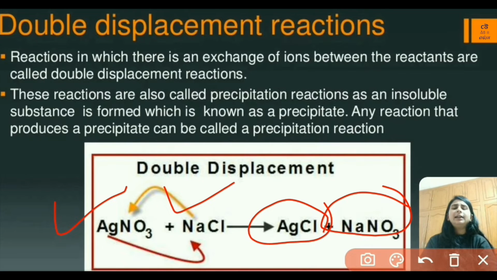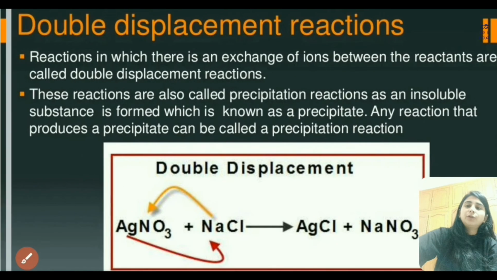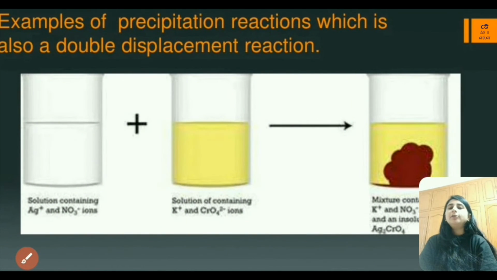The reason behind that is it's all about which one is more reactive and which one is less reactive. So silver nitrate, whenever it combines with sodium chloride, the product is going to be silver chloride and some amount of sodium nitrate.